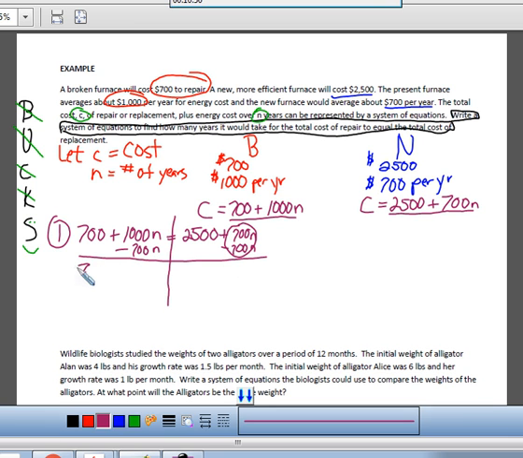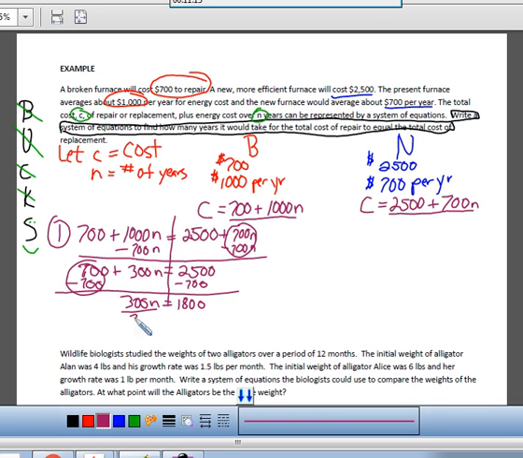So I have 700 plus 300 N equals 2,500. Now I'm going to just subtract the number 700 from both sides. And this zeroes out, and I have 300 N equals 1,800.